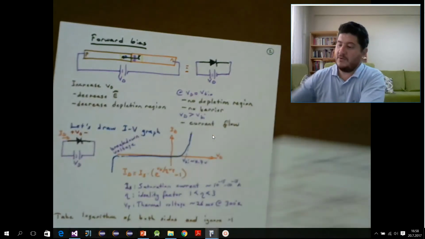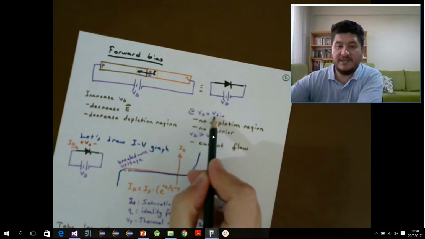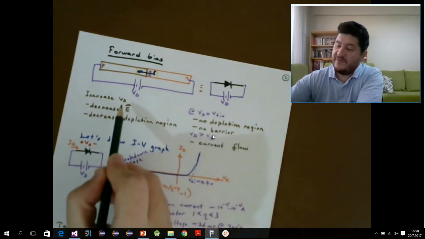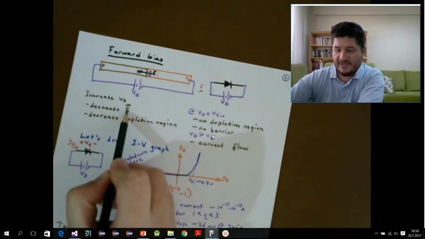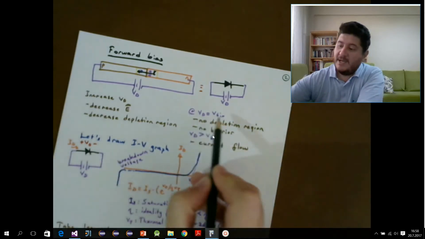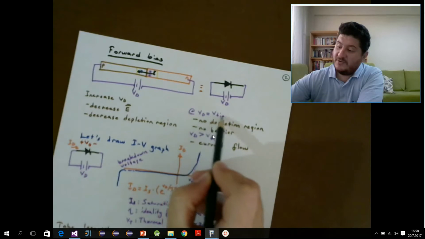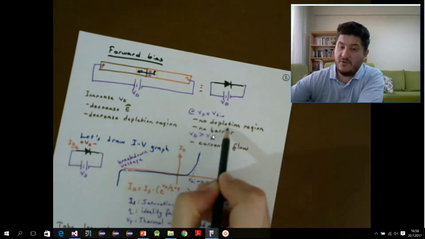So up until VD is equal to VBI, when we increase VD, we will be decreasing the electric field, we will be decreasing the depletion region, but there will be small current, if not no current. At VD equal to VBI, there will be no depletion region and there will be no barrier.